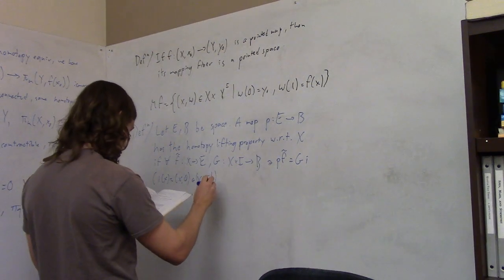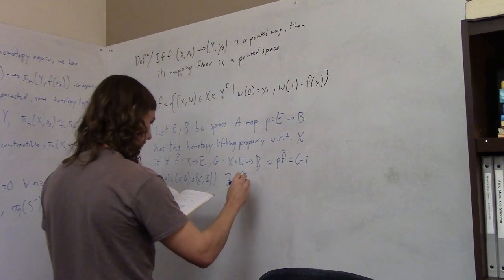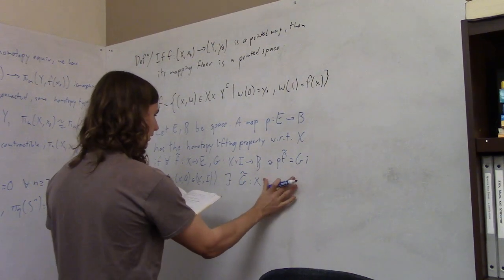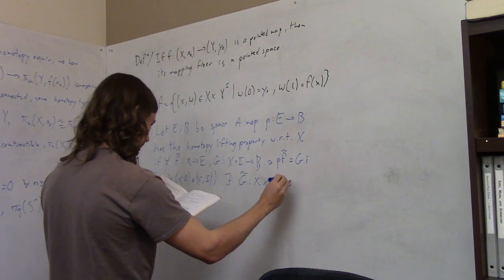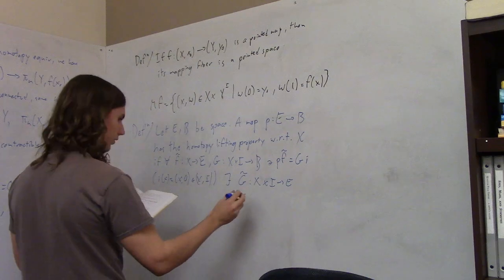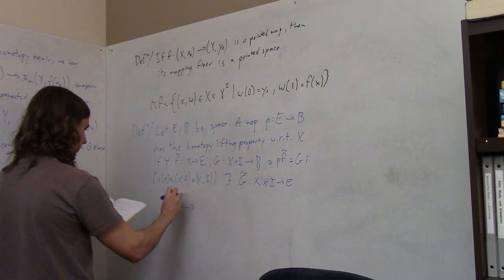Let's see here. There exists a continuous map G tilde such that these triangles commute. It will be seen that the fibrations determine exact homotopy sequences.